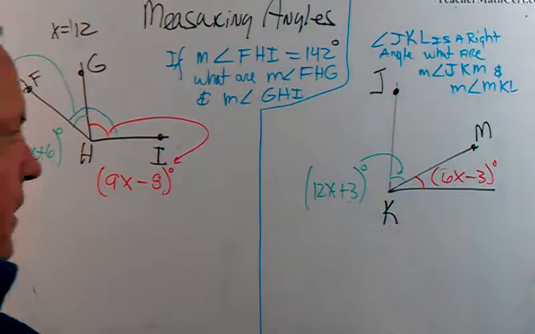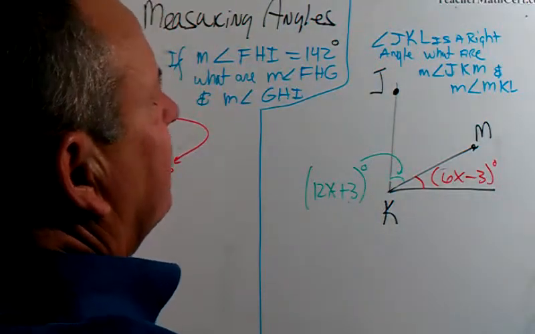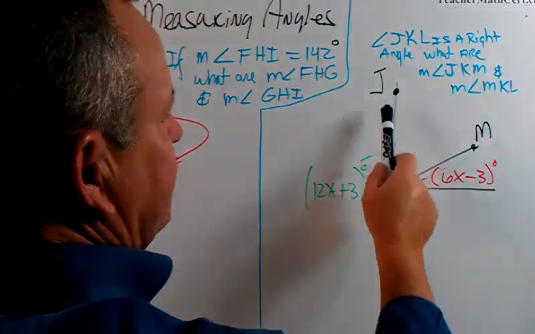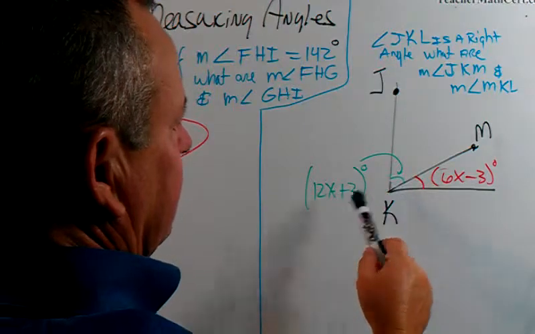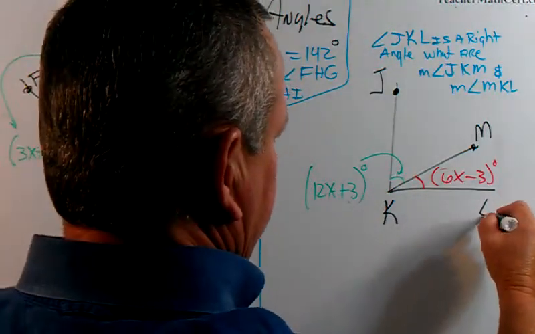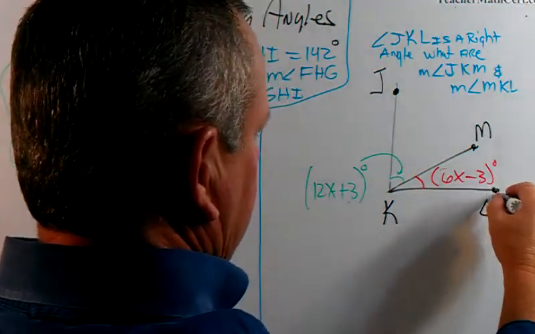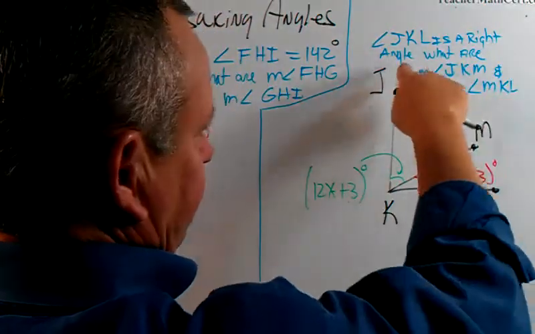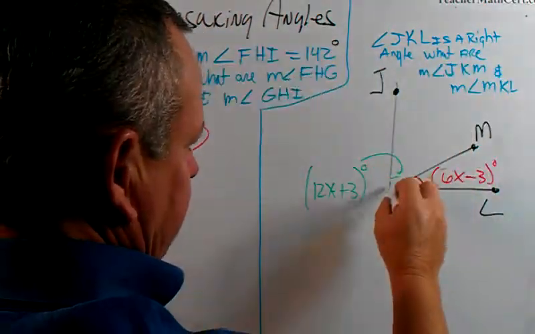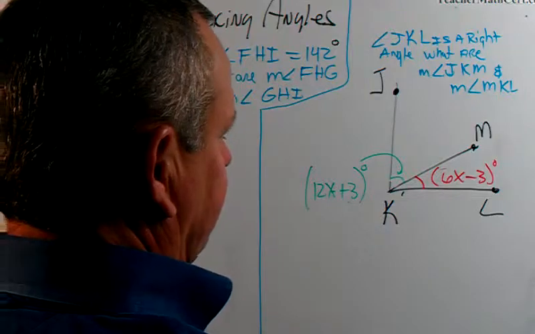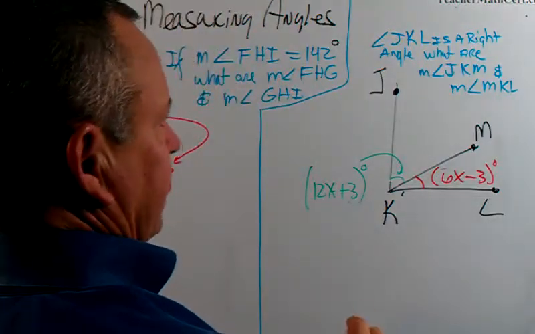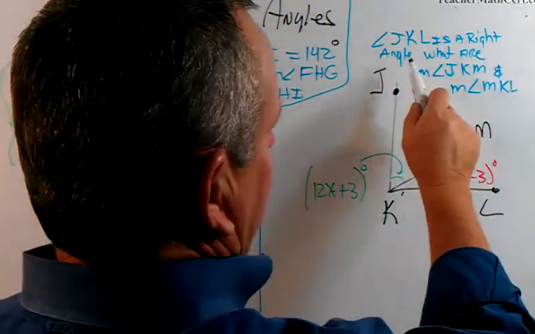Let me move over here a little bit and do this one. So they're saying that JKL is a right angle. Apparently this is L here. Okay, that means that this is 90 degrees, right? It's a right angle, that's the hint that it's 90 degrees.